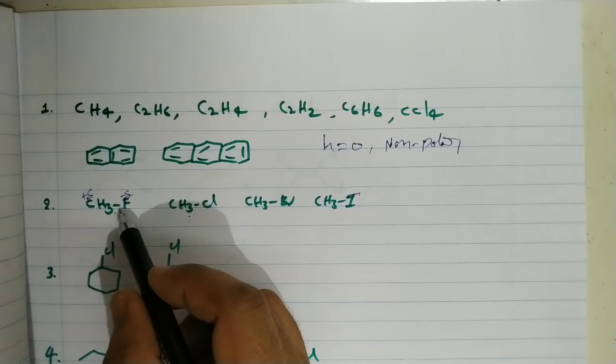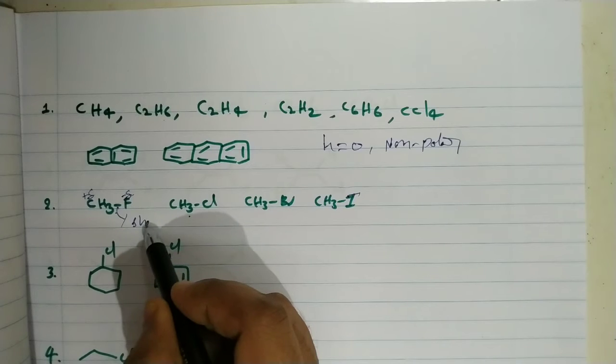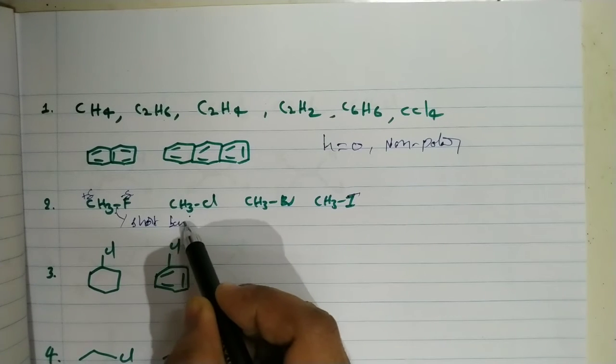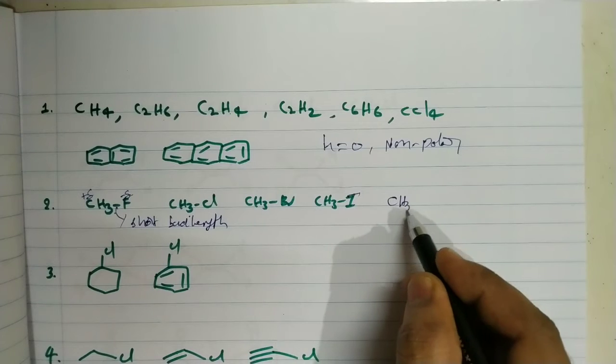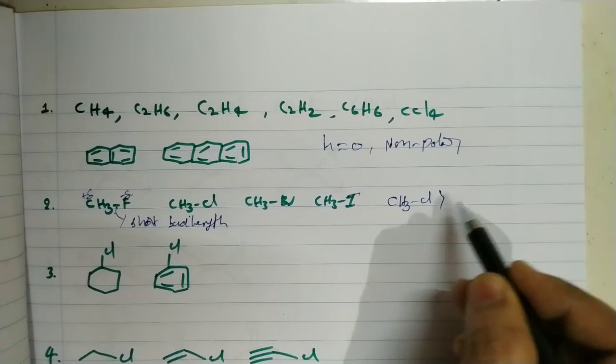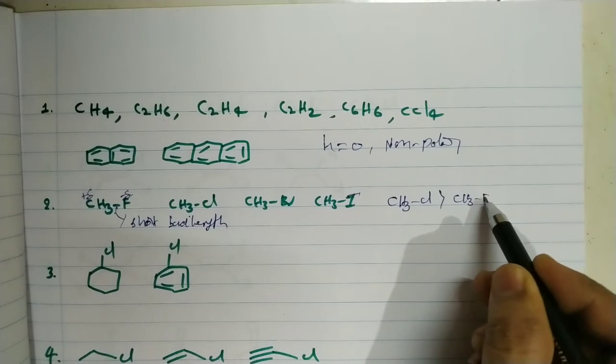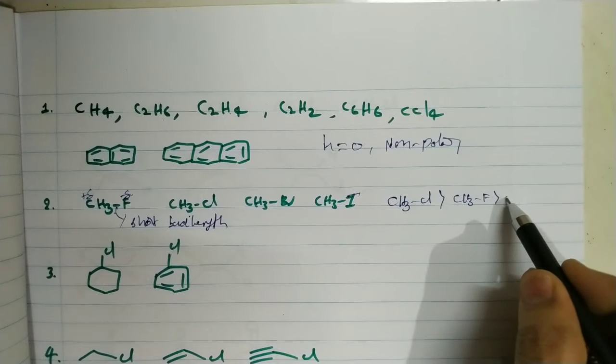So CH3F should have the higher dipole moment, but because of the short carbon-fluorine bond length, CH3Cl has a higher dipole moment than CH3F. It is a different dipole moment order.